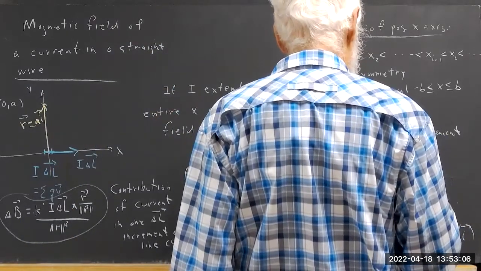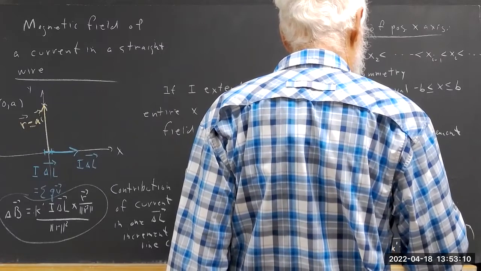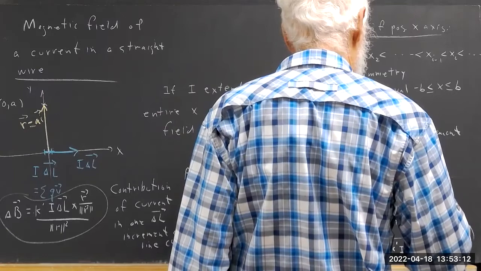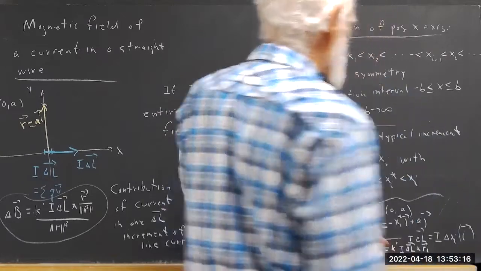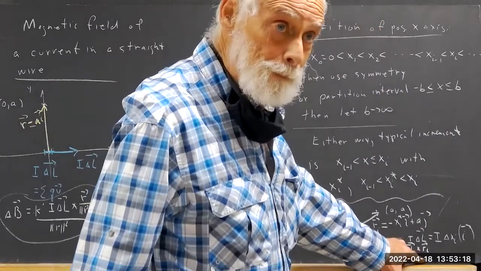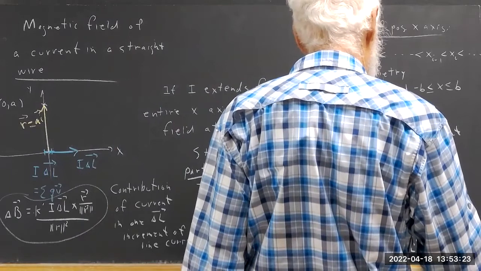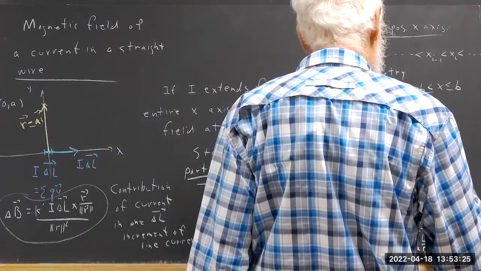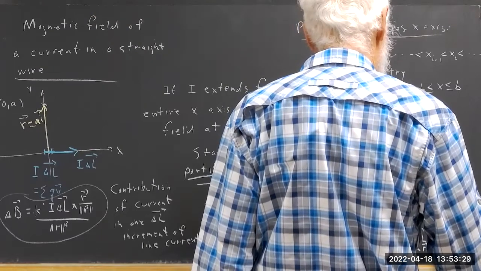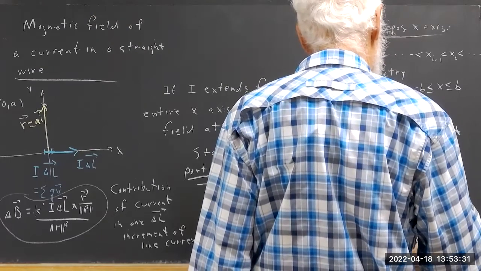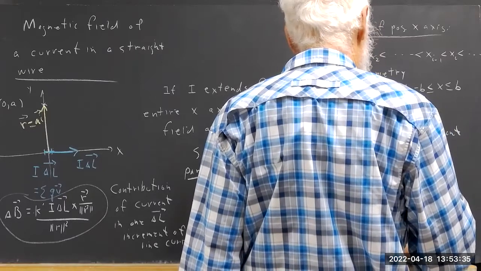So we have K prime times I delta L cross Ri divided by the magnitude of Ri, all that over the magnitude of Ri.